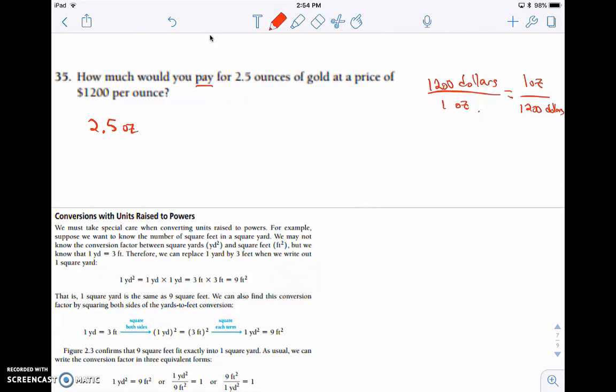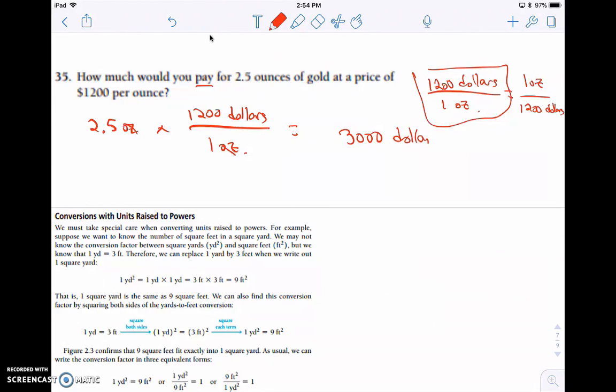So in the end, we want dollars. So we're going to times this by, and I want to cancel out the ounces. So this is going to be this first fraction here: $1,200 for every 1 ounce. So now we just multiply. The ounces are going to cancel. 2.5 times 1,200 is 3,000. And then our units are dollars.